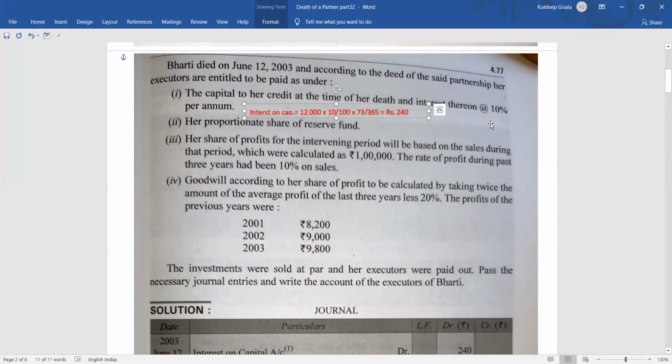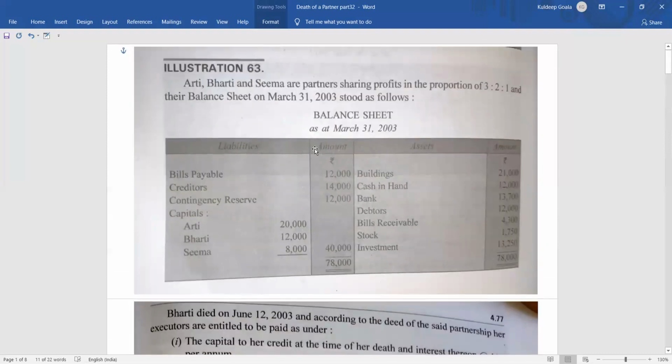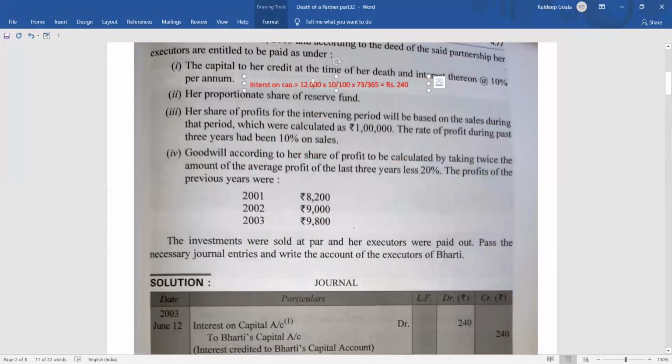I'll take it to the other side so that it is easy for you to understand and will not create any disturbance, this particular working note. This will help you to understand easily.